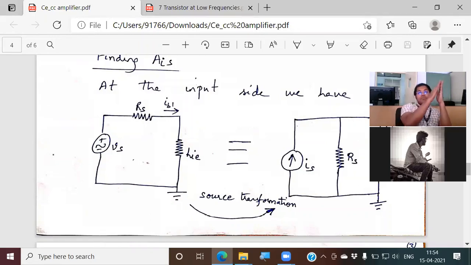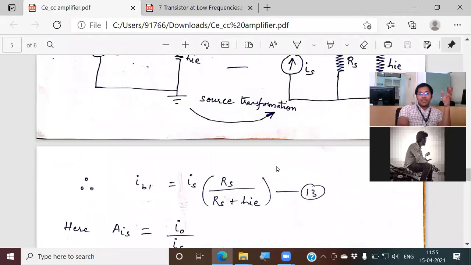Total current into the other resistor. I want this current, so the other resistor is RS. Total current into the other resistor divided by the sum of the two resistors will give me this current.